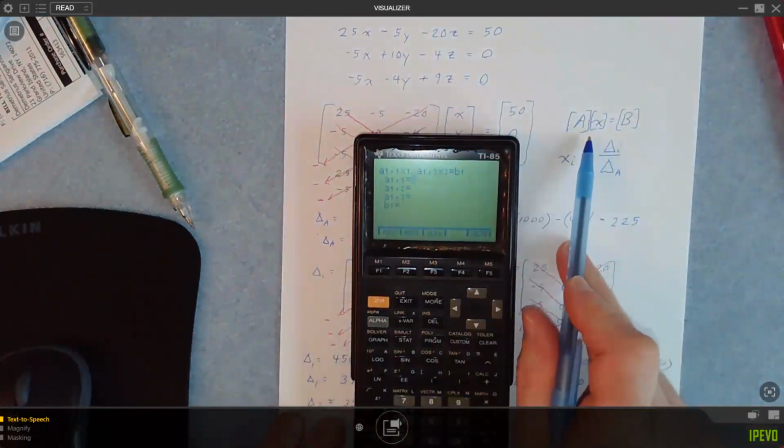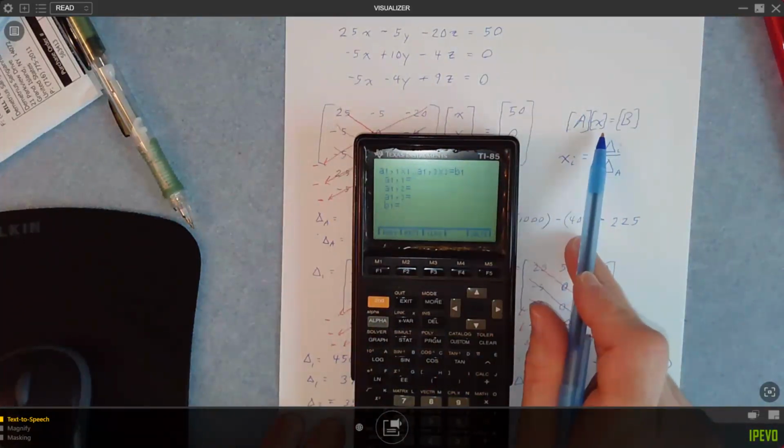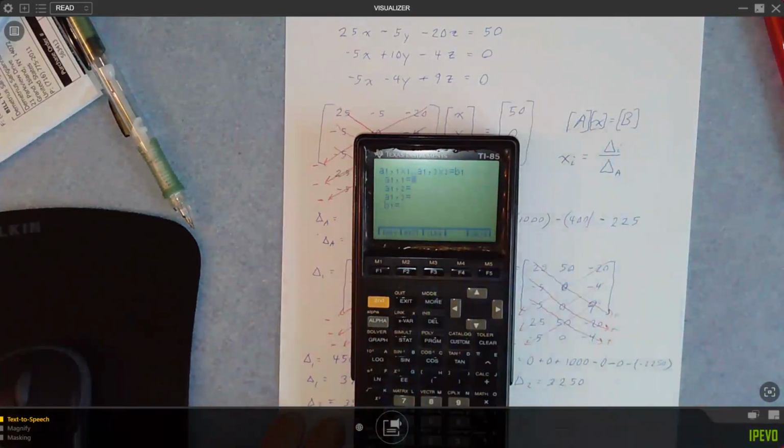This is based right off of the generic matrix A times matrix X equals matrix B. I'm going to fill out my first equation, which is the 25, the -5, the -20, and that equals 50. Once I hit enter, it takes me right to the next equation: -5, 10, -4, and that equals 0. And then the third equation is -5, -4, 9 and 0.